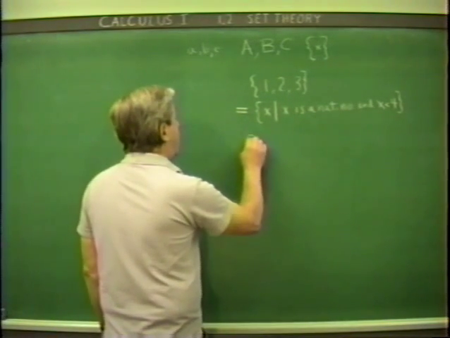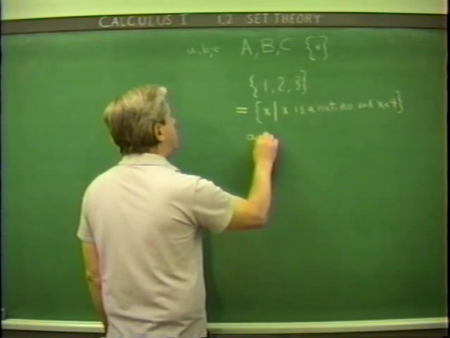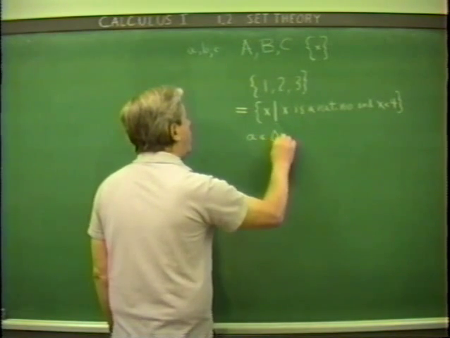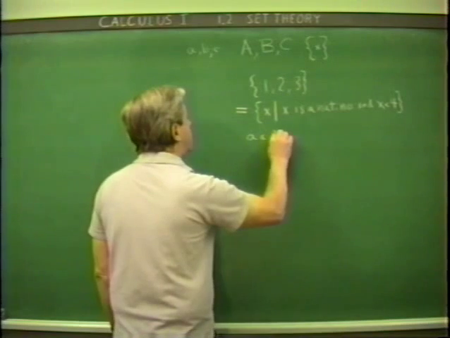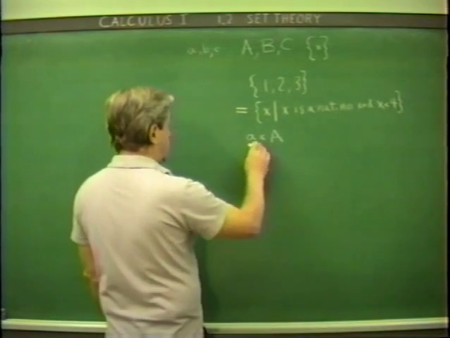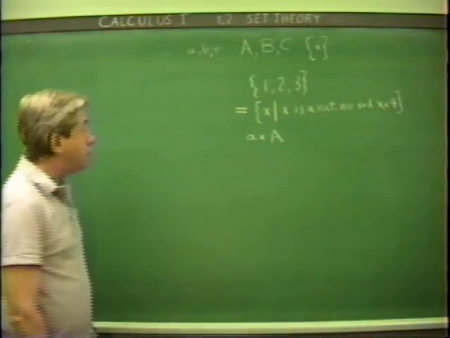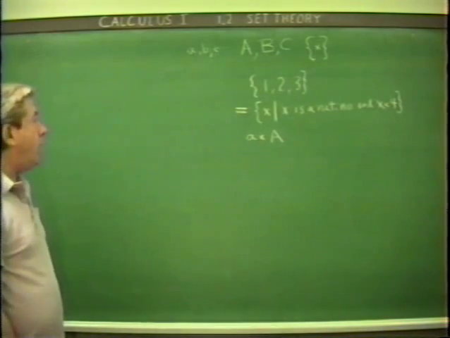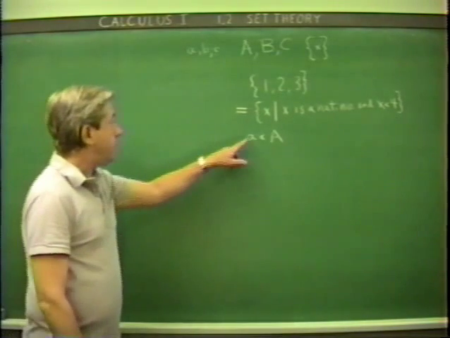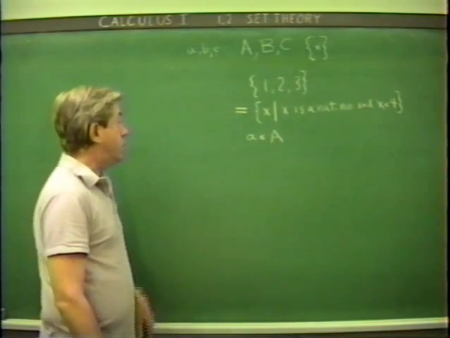If a little element a belongs to a set capital A, we write a belongs to A. This symbol here is a rounded epsilon and indicates that this element belongs to this particular set.